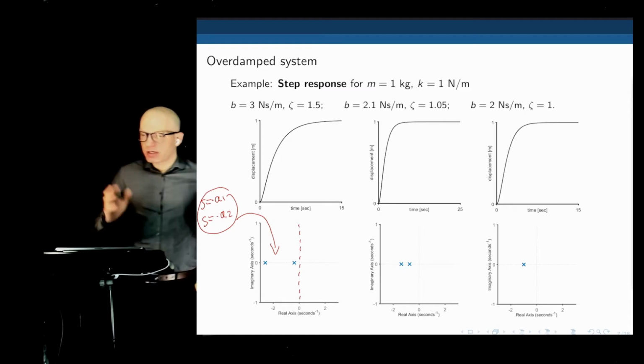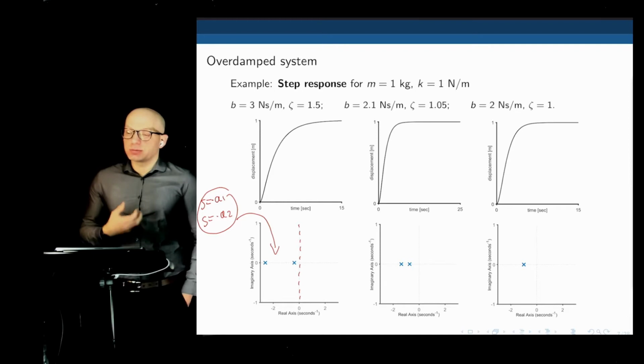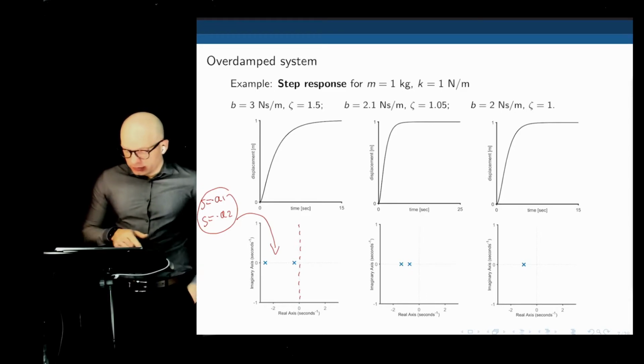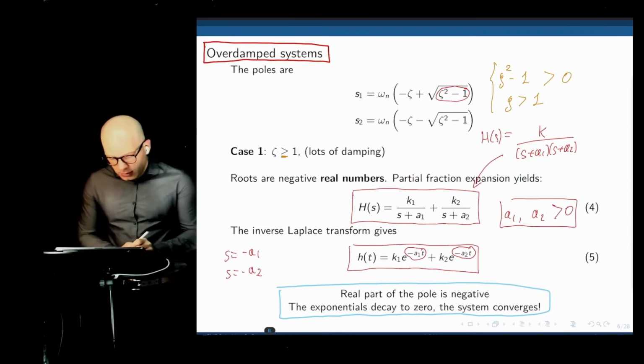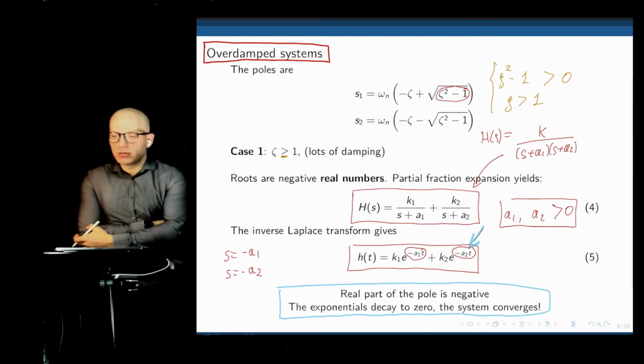They are real numbers lying on the left side of the S-plane. Each of them generates an exponential curve that decays over time and will tend to 0. So their transients will eventually tend to 0 because of the negative exponential times time.